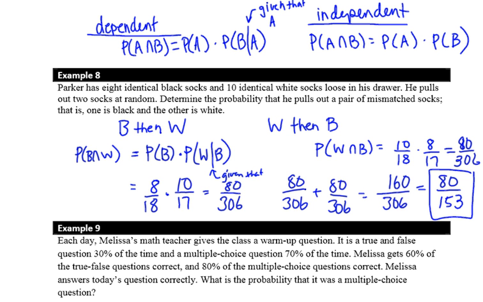So the difference is, dependent is used when, say, there's no replacement, whereas this is when replacement occurs. In this formula, which is dependent, instead of having 10 over 17, we'd have 10 over 18 here. The two are separate; they don't affect each other.